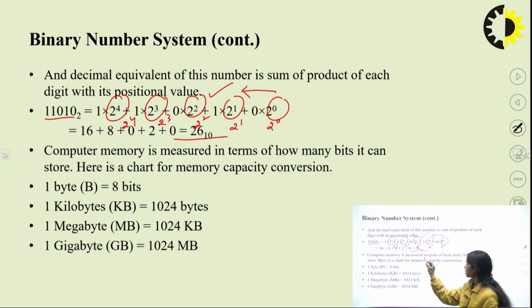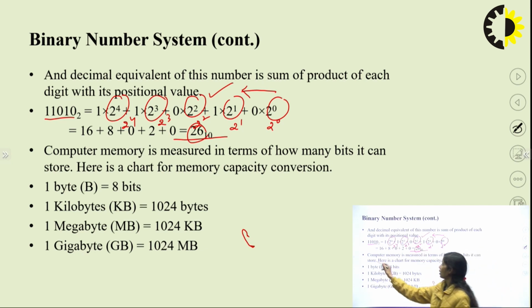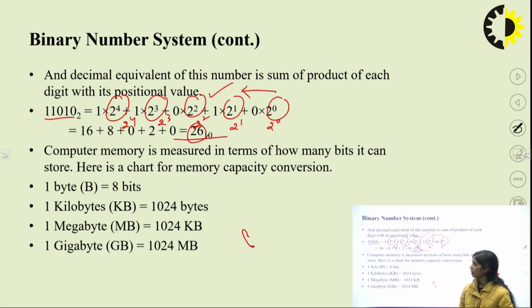So this decimal value 26 can be transmitted as 11010 in digital, using the logic of high voltage and zero voltage in digital circuits.